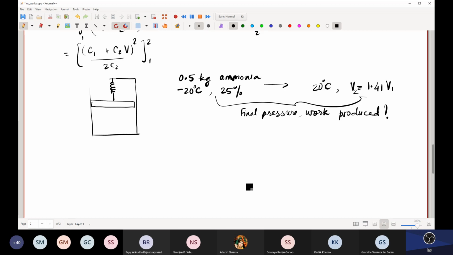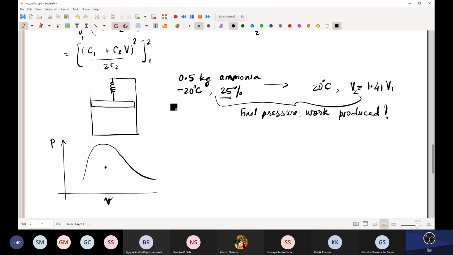All right, so let us first draw the tentative schematic on the PV diagram. The first state has a quality of 25%, so the first point is somewhere over here.